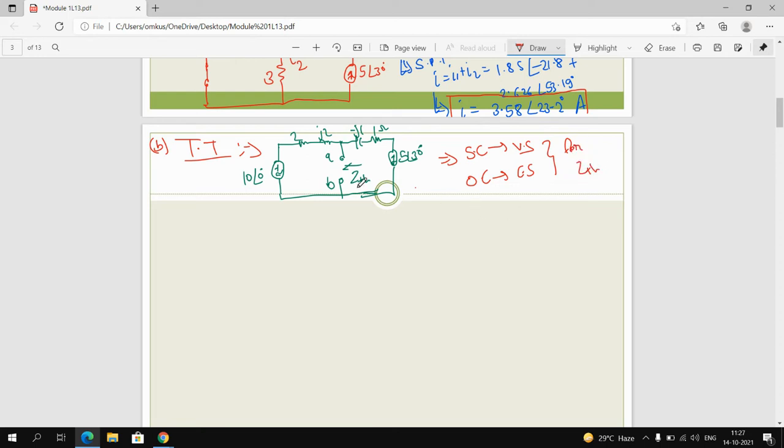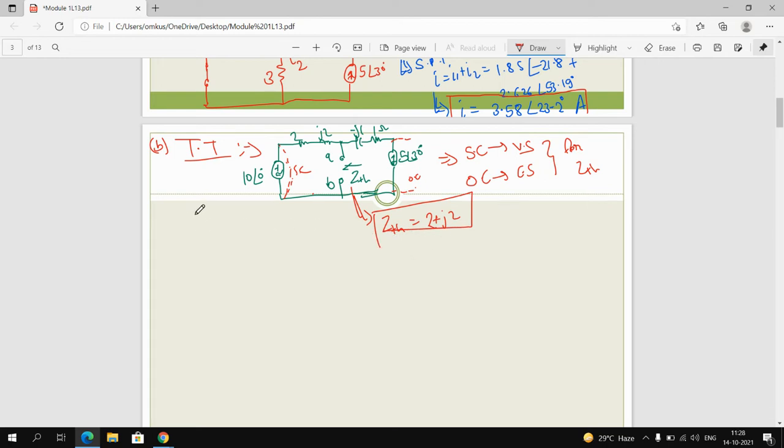So when you short circuit this terminal and open circuit this one, then what is ZTH? This is an open circuit, so current can't flow from this side, and this is a short circuit. So ZTH is 2 plus J2. Okay, ZTH is nothing but 2 plus J2.